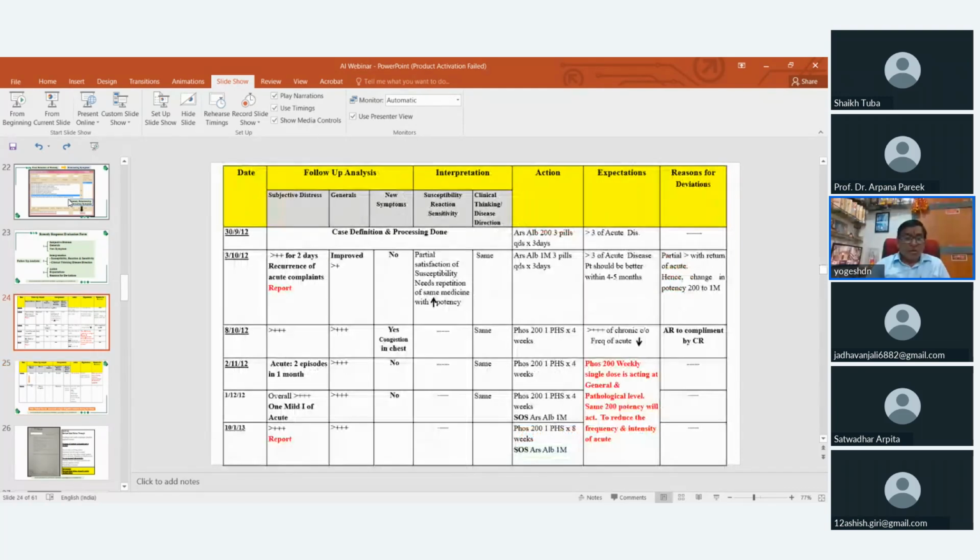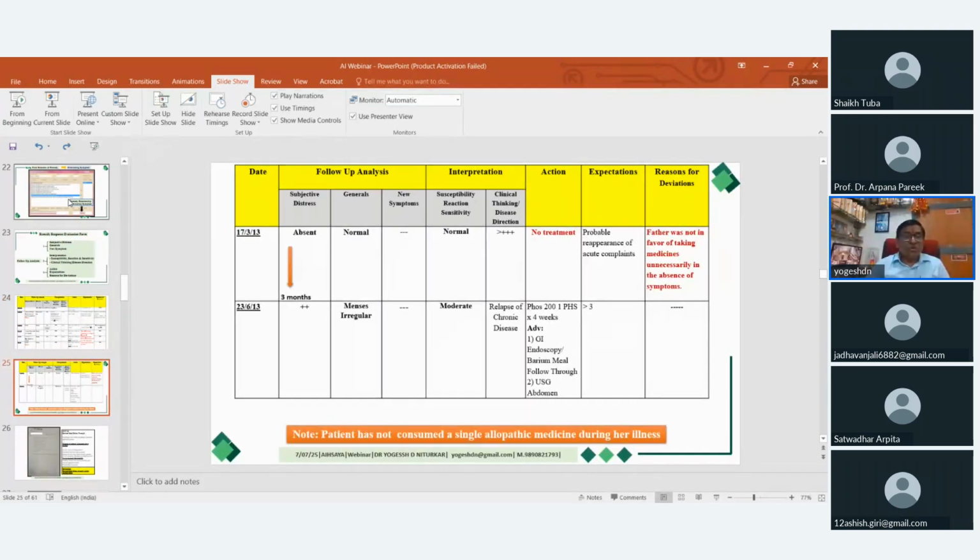Now it is the tendency of patients to remain without medicine once they feel better. Unless and until the next acute comes up, they won't return. So the last follow-up was on 10th of January 2013, and for approximately 2 or 3 months patient was absent.